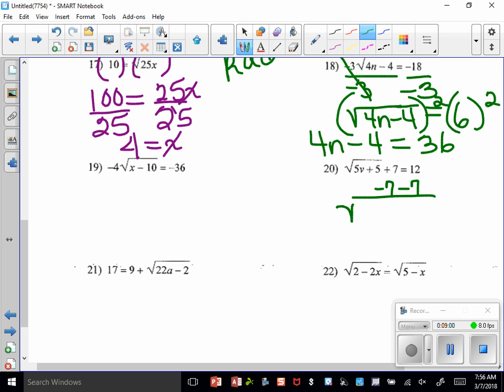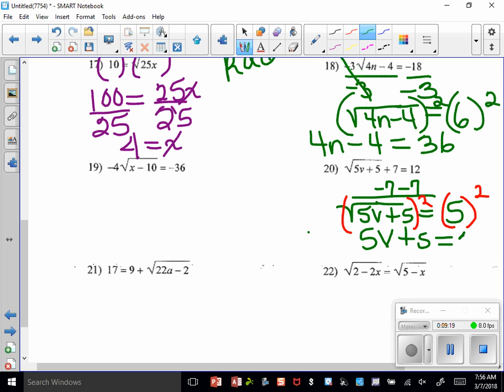Okay, so I'll have the square root of 5v plus 5 equals 5. Then we can square both sides. So that's going to give me 5v plus 5 equals 25. And again, you can continue solving from there.